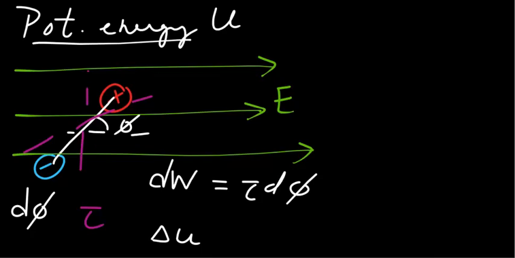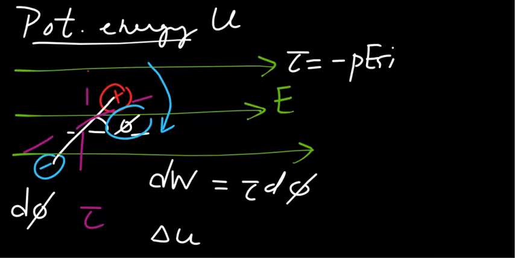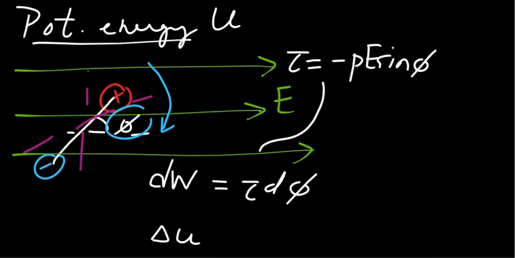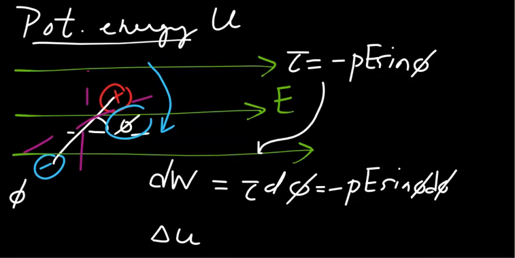As we have discussed before, since the torque acts in a direction of decreasing phi, then we can write the expression for torque in the following manner. It's minus PE sine phi. So let's substitute this in here. You get minus PE sine phi d phi. So in a finite displacement where the angle, say, changes from phi1 to phi2, the total work done is computed by doing this integral.